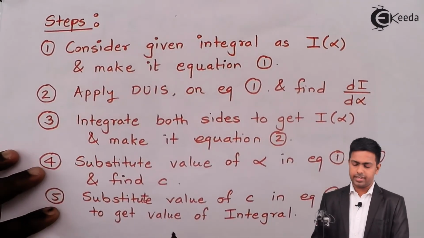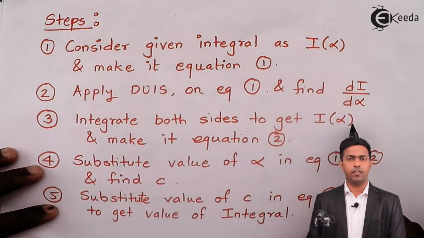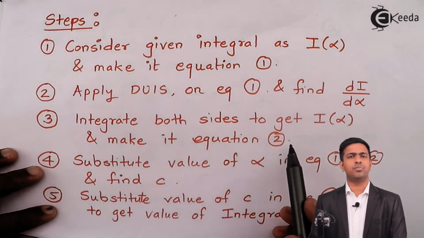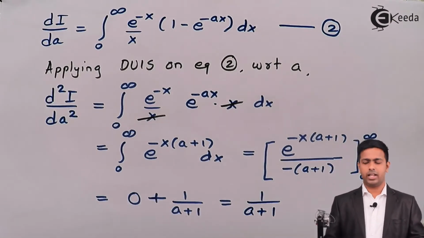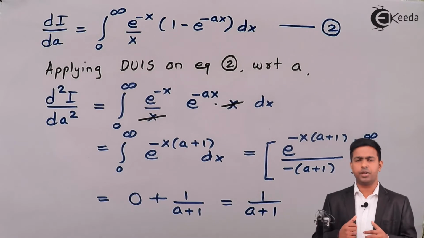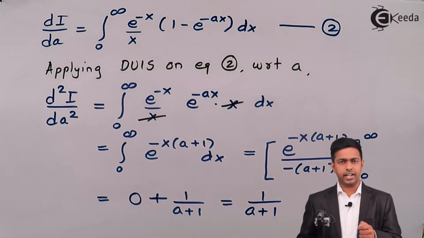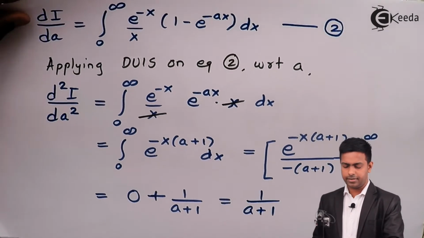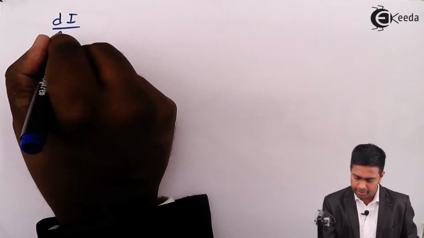So step number 3 says that we have to integrate both sides to get the value of I of alpha, that is I of A in our case, and make it equation number 2. Now guys, here we have d square I by dA square as 1 upon a plus 1, and if we want to get I of A from here, then we have to integrate twice. So I'll integrate first time, and by integrating first time we will get di upon dA.